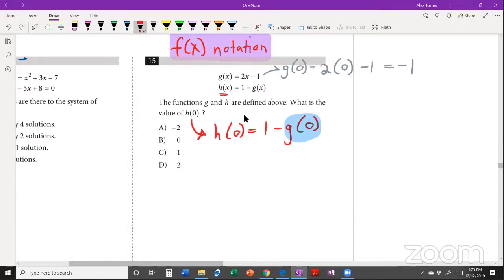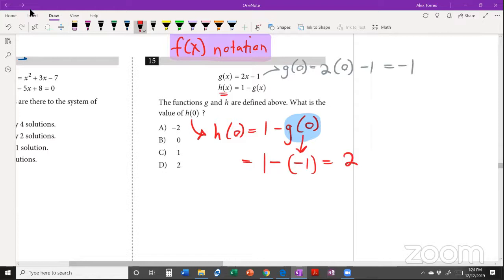So now that we know what g of 0 is, that's negative 1, but be careful because it was 1 minus that negative 1 that we just found. So the answer will be 1 plus 1 because a double negative equals a positive. So the answer will be 2.